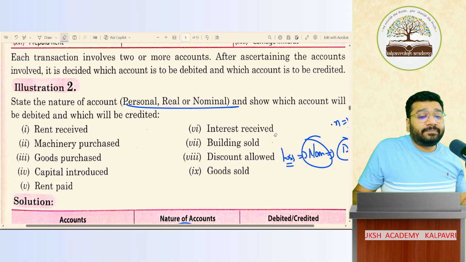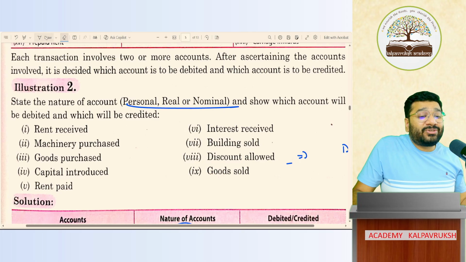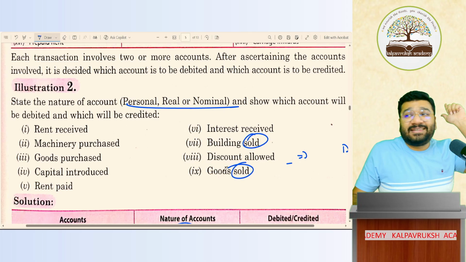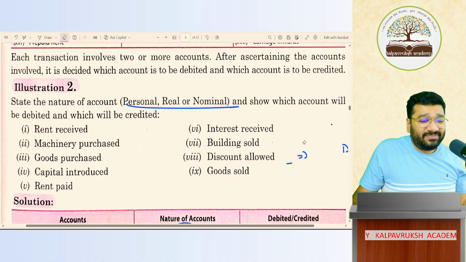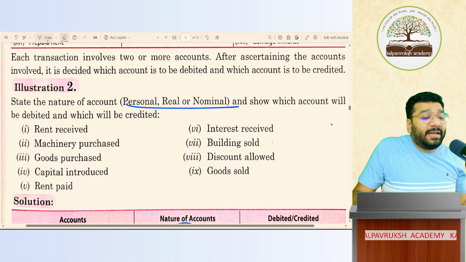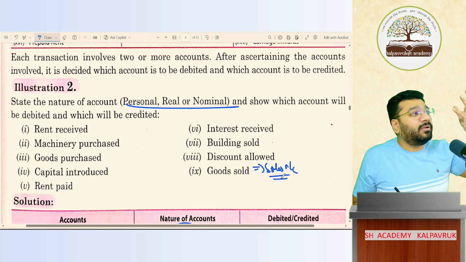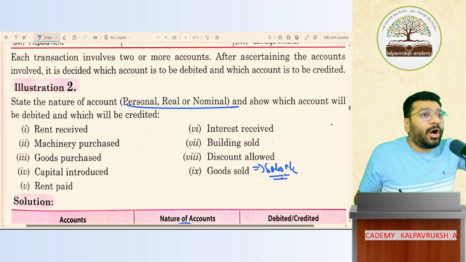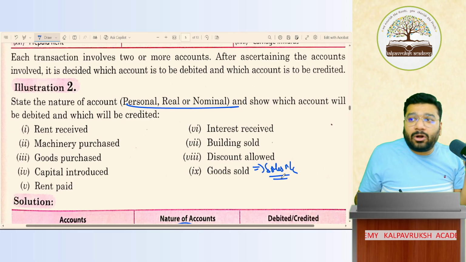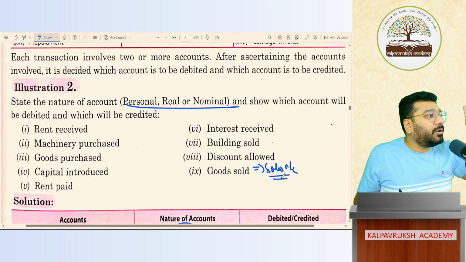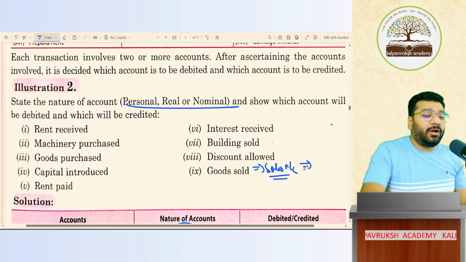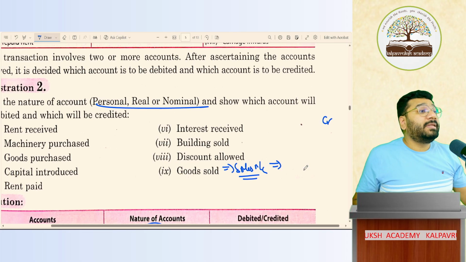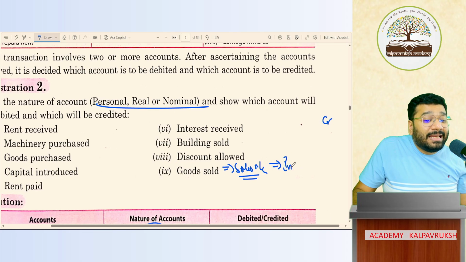Goods sold. Sir, building sold you said was real, sir. This is also real, no? Goods sold means what account? It's a sales account. When a product is sold, where will you record it? Sales account. When a product is bought, where will you record it? Purchase account. As per the modern rule, sale is what classification? Income.